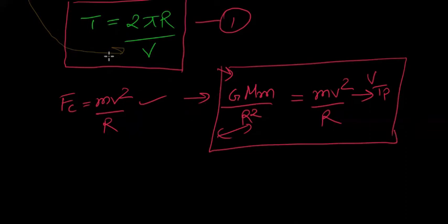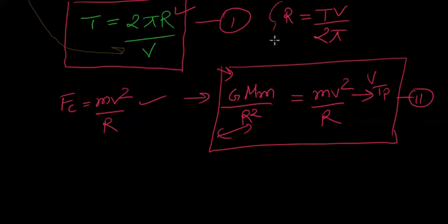If we substitute r from the first equation, we can find r is equal to T v upon 2 pi.